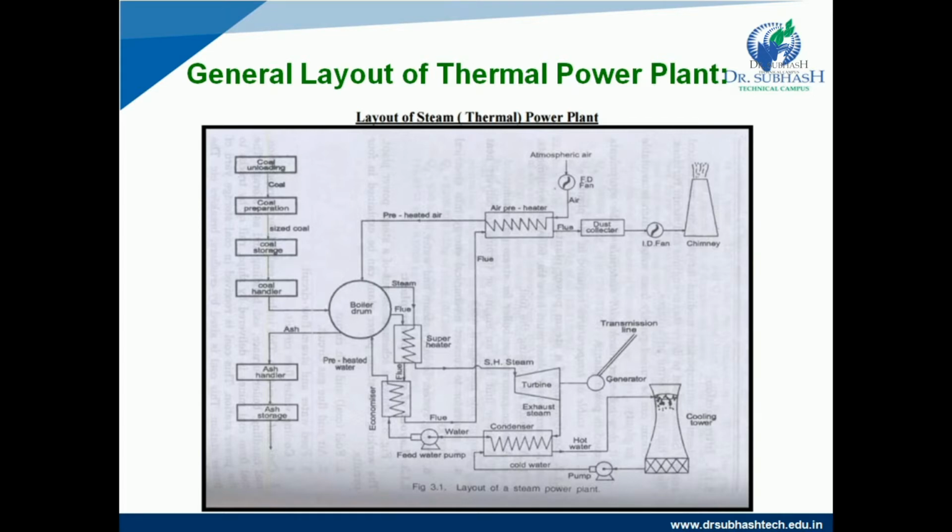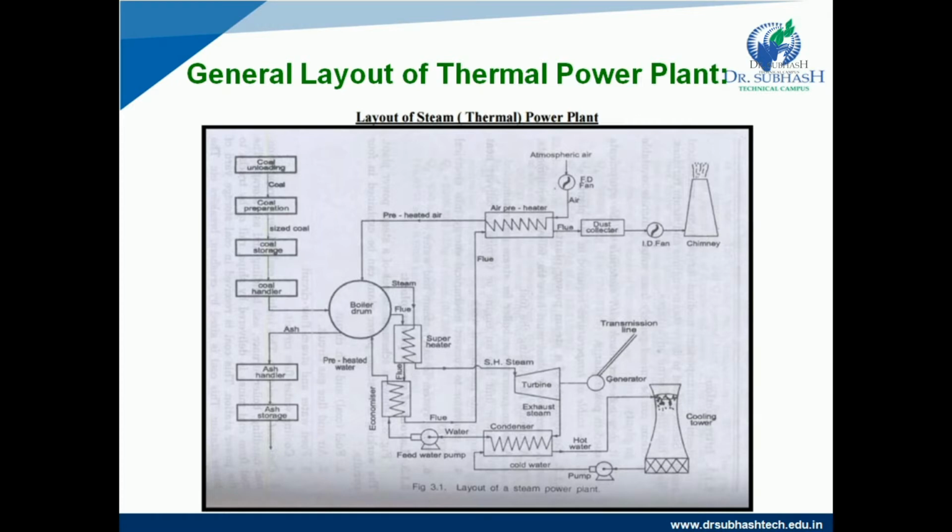The coal is cleaned in a magnetic cleaner to filter out any iron particles present, which may cause wear and tear in the different equipment we are using in the thermal power plant. So we have to filter it with the use of this magnetic cleaner.